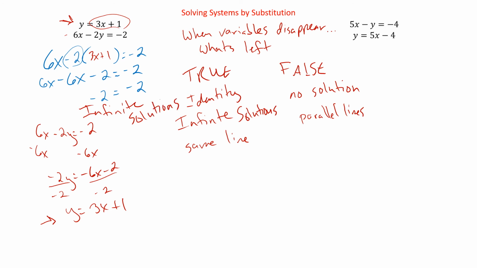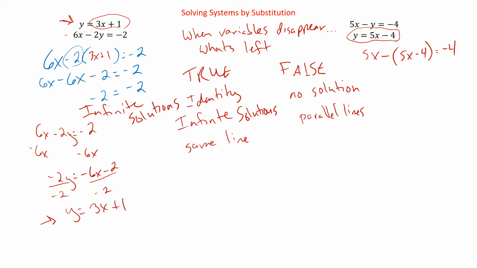Well, what's the other option? Here we have 5x minus y equals -4 and y equals 5x minus 4. This time it's the bottom one that's already solved for us. Doesn't matter, we'll just plug that into the top. So we have 5x minus 4 equals -4. And right away you might be thinking, wait, this is going to be the same.